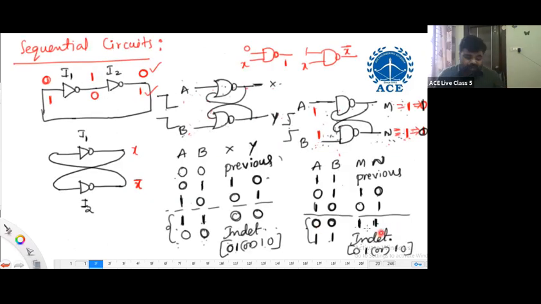If you understand, only then can you answer this question, or understand what exactly is indeterminate in an SR flip-flop. So to understand that, instead of remembering, I should know what this is, right? Any questions?